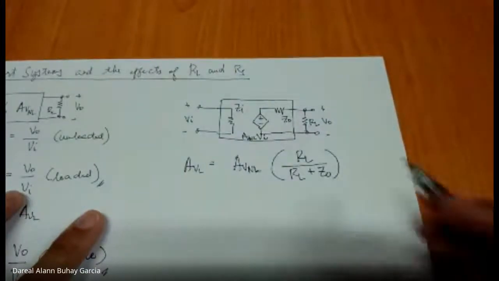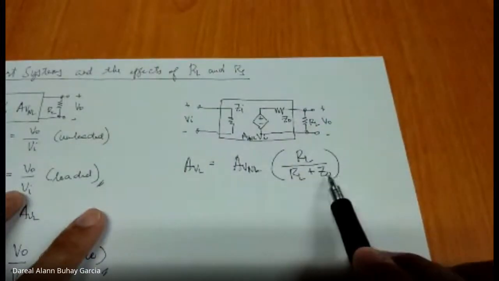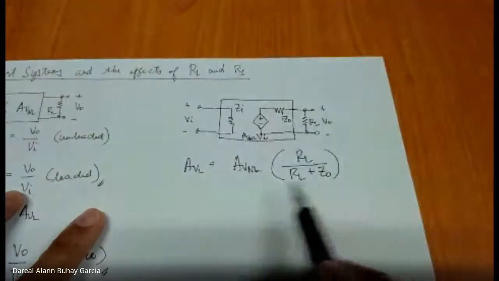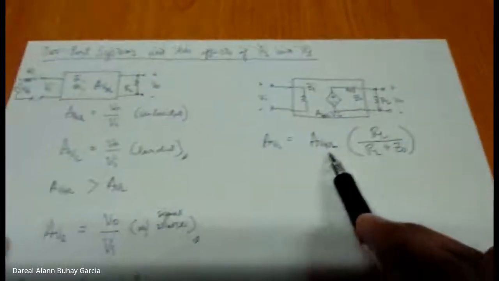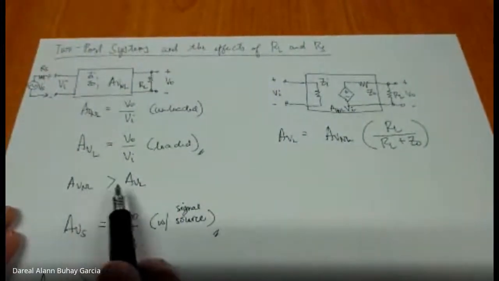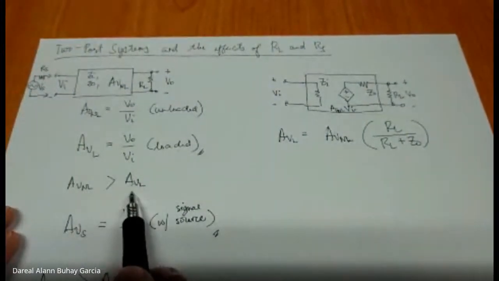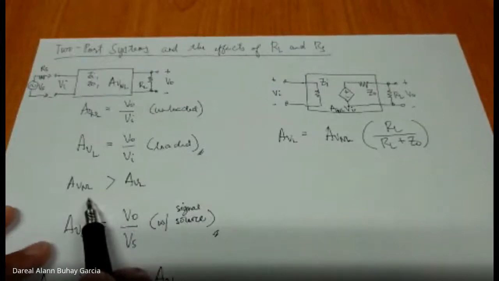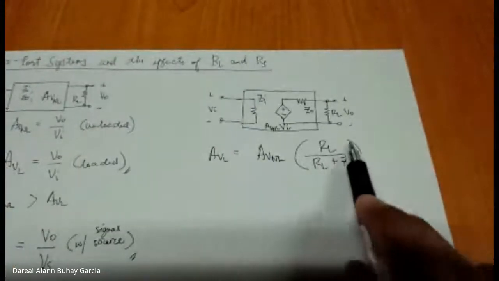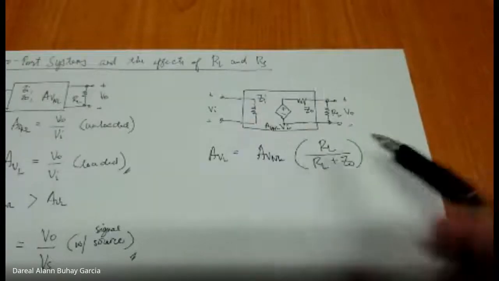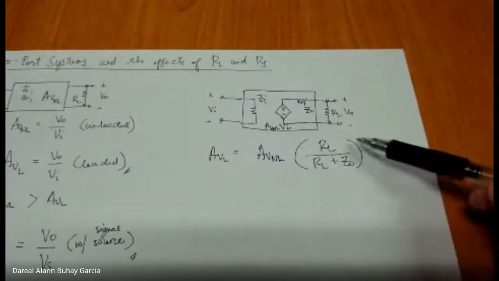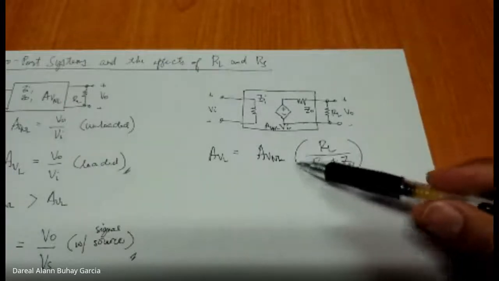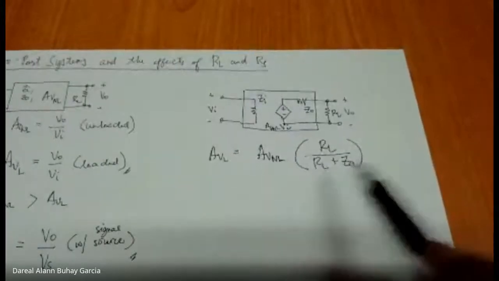Okay? Here we have the load and the characteristic output impedance of our amplifier, and the unloaded voltage gain. That's why AVL would be less than AVNL because of this factor, this ratio. This will always be less than 1, because it's an addition in the denominator.